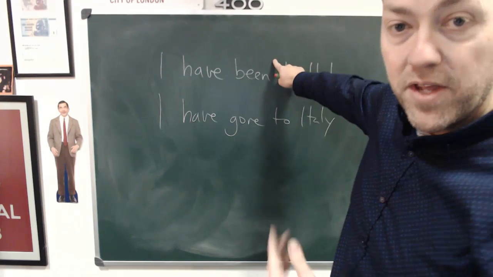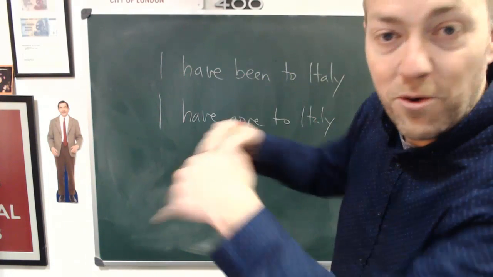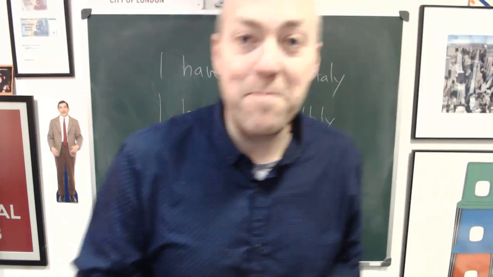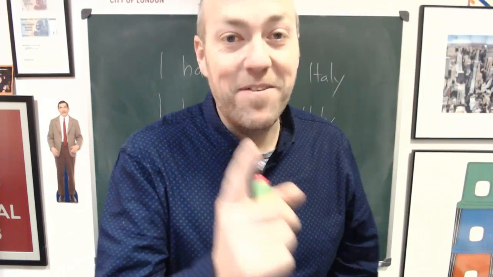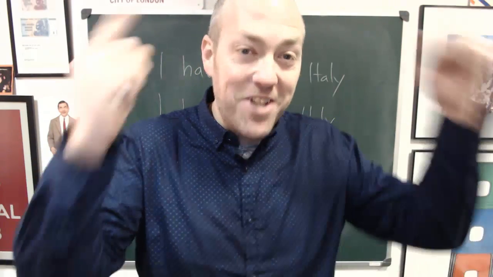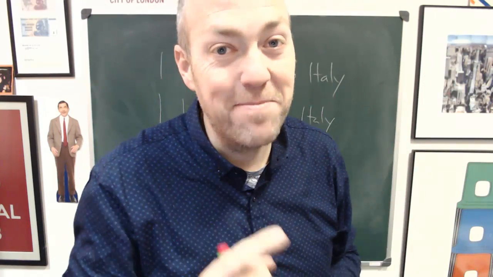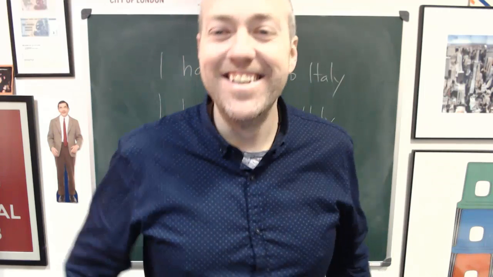So this is go and come back with been, and this is only go and never come back. Like, for example, you could say, I have gone crazy, which means you went to the crazy land and you never came back. Hopefully that explains the difference for you. Okay.